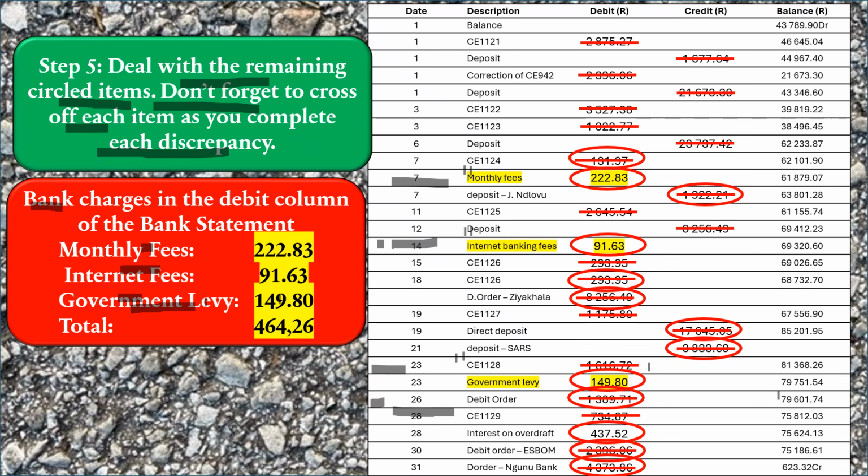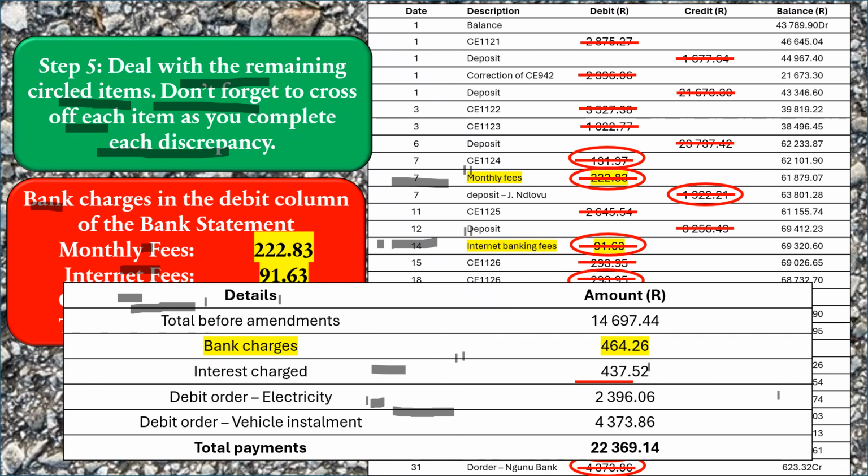464.26. Now these bank charges are making our bank balance smaller, and those transactions that make our bank balance smaller need to be recorded in the cash payments journal. So we didn't know about these bank charges until we got the bank statement. So what we can do is we can now cross off the bank charges and add the item bank charges to our cash book payments.